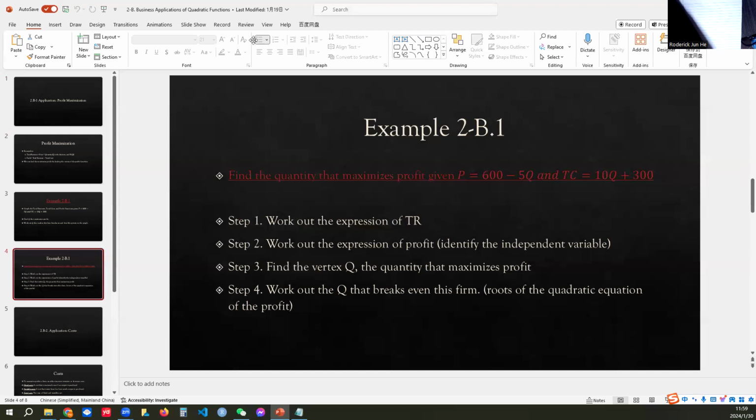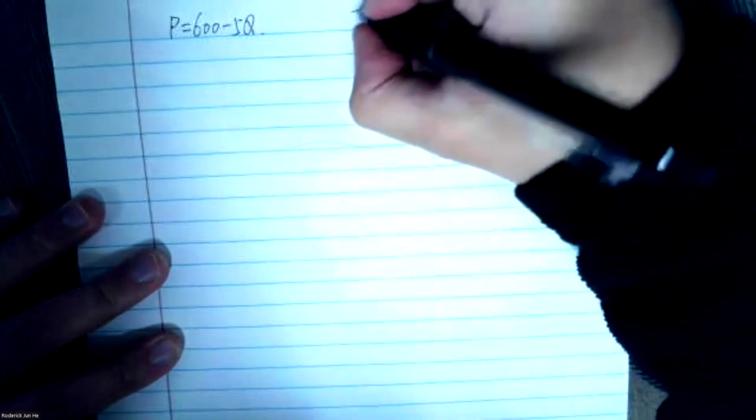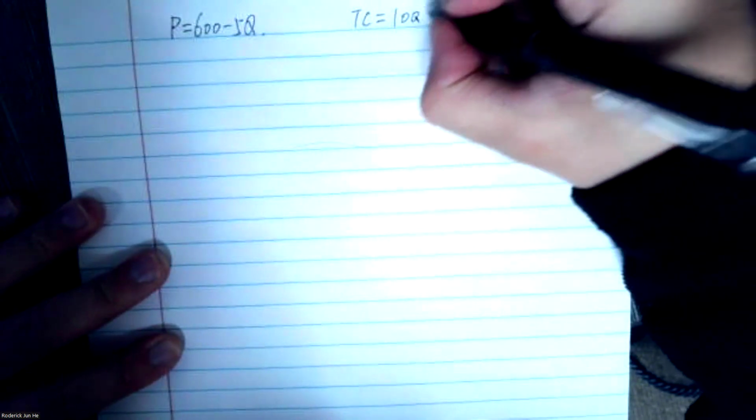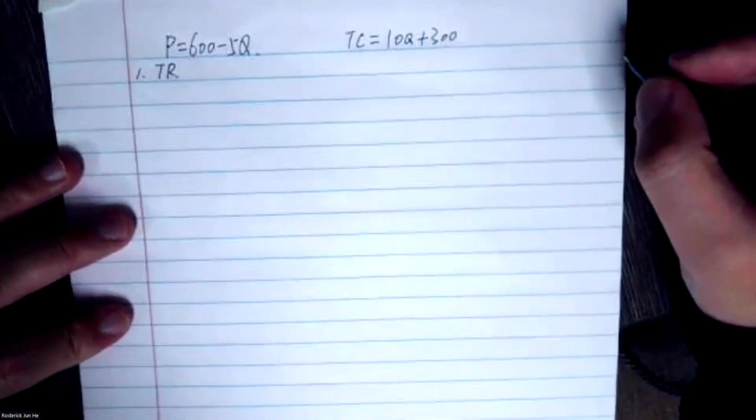Switch to my document camera. Here, the information that we're given is price equals 600 minus 5Q. And the second one is total cost equals 10Q plus 300. In 1, we are asked to solve for the expression that stands for total revenue.